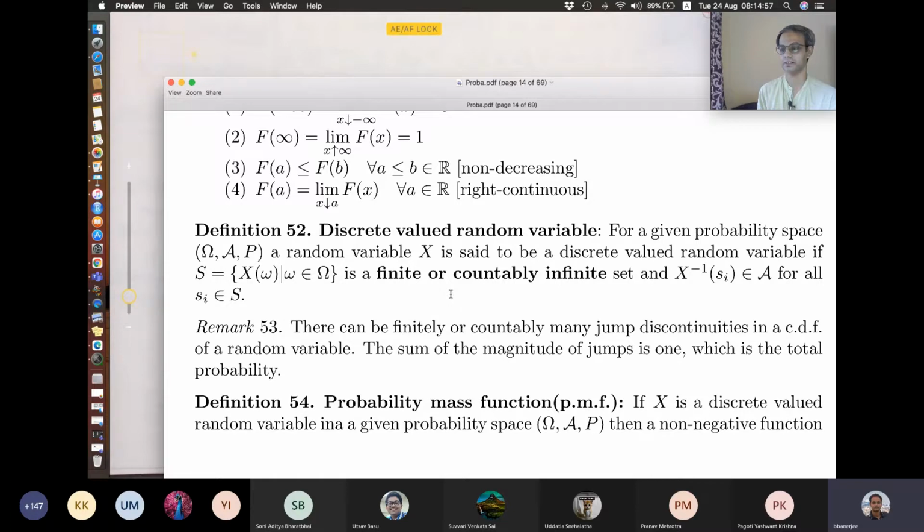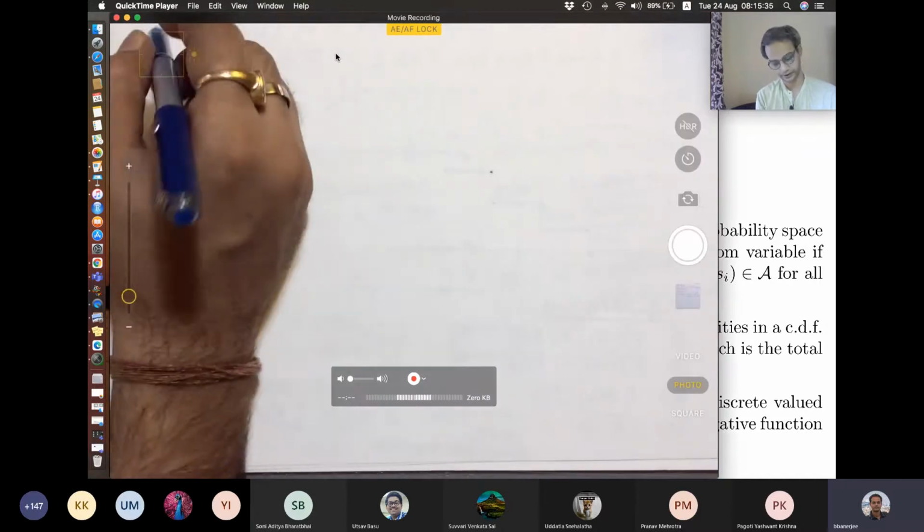And X inverse of Si, where any Si belongs to S, must be an event.